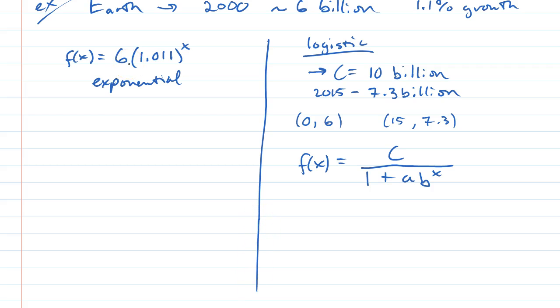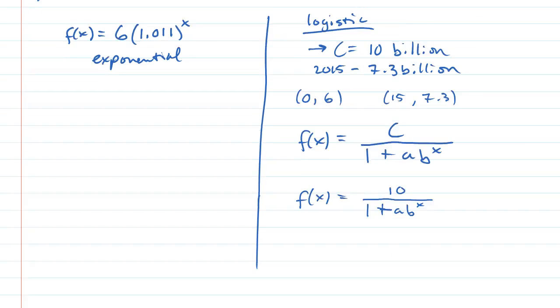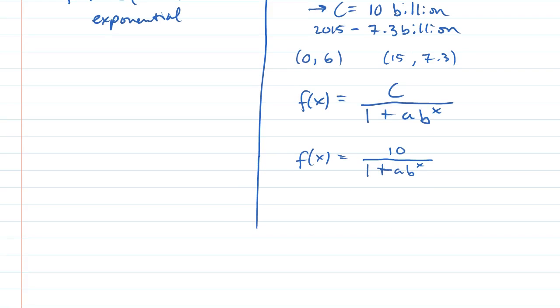Exponential, we were done in a second. Logistic, we have to plug in what we know. So already, we know that 10 is going to be on top. And I will say this a million times, this A times b to the x has no relationship to anything on the graph. You just have to figure out A and B by plugging in your 2 points.